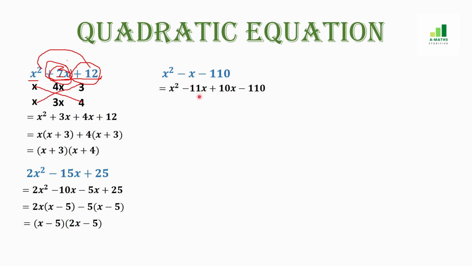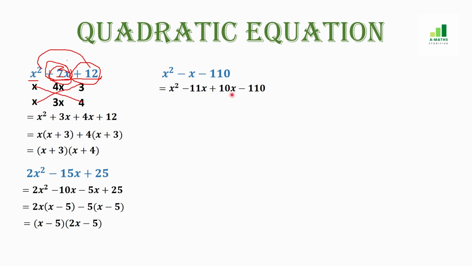It means that when this x is divided into two parts or two factors, and when I add these two factors, it will be equal to minus x, meaning subtraction will be performed over here. When I add minus 11x to plus 10x, I get minus x, and minus 110 will remain the same.